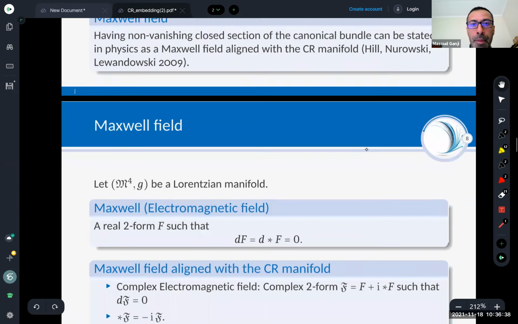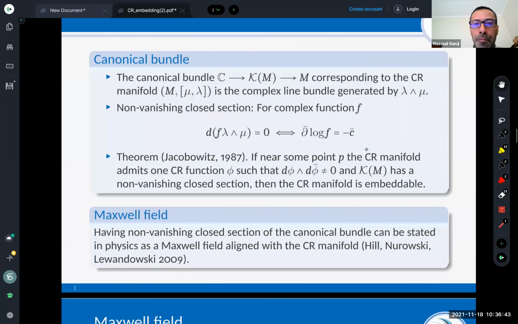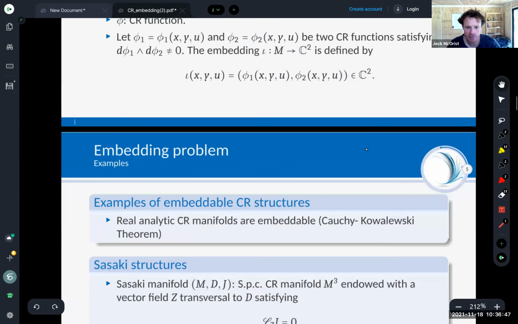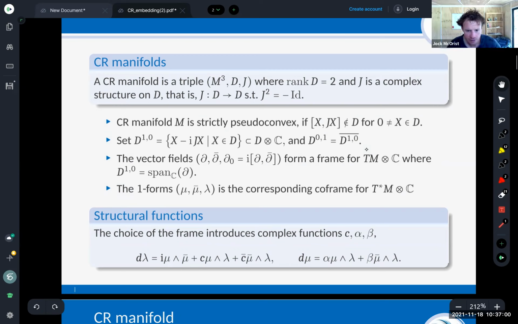So what were lambda and mu? Can you just remind me, what was lambda and mu? So we started with this D10, introduced this spanner. And mu is the dual to this, and lambda is the dual to G naught.